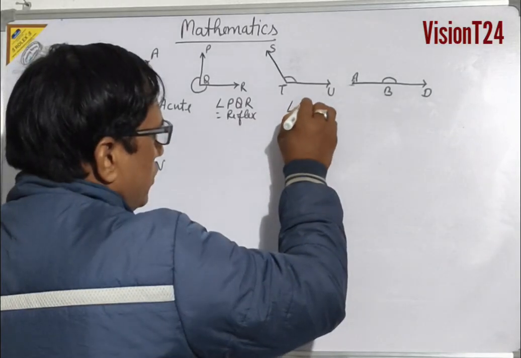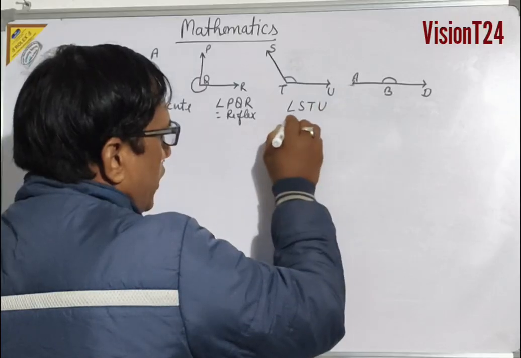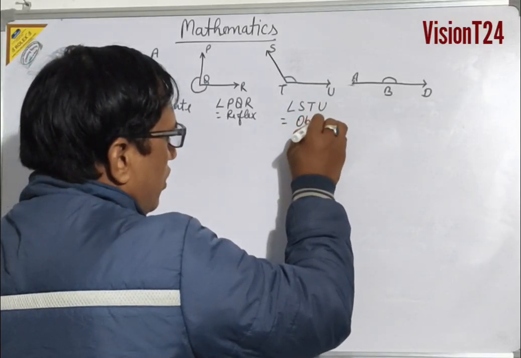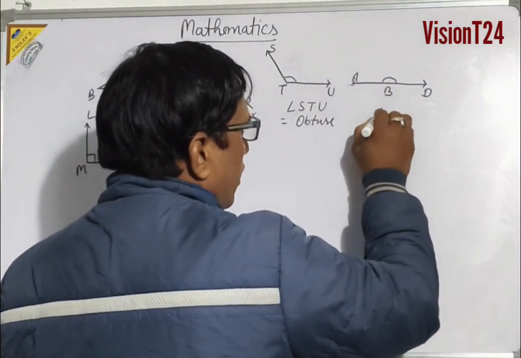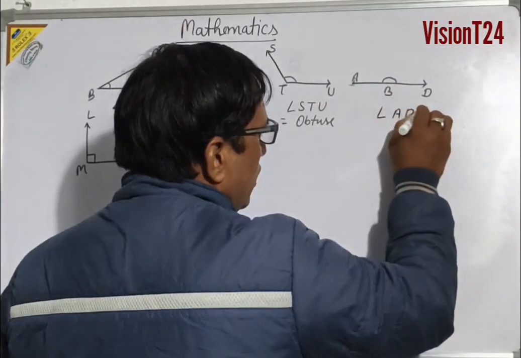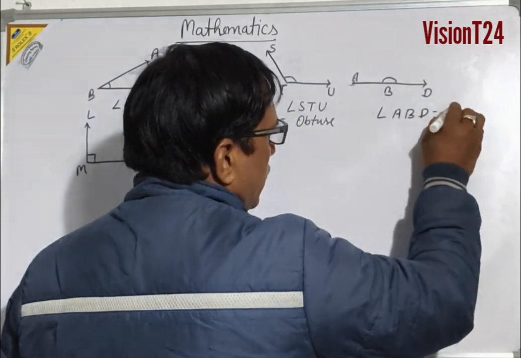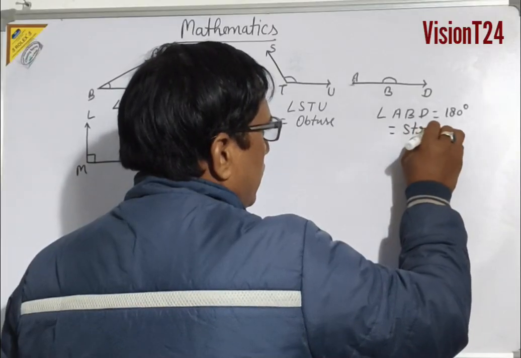Okay. Now the third one, this is angle STU. The midpoint T shows the angle STU. And what type of angle is this? Obtuse angle. Okay. And this one is angle ABD. That is exactly 180 degree, and this is called straight angle.